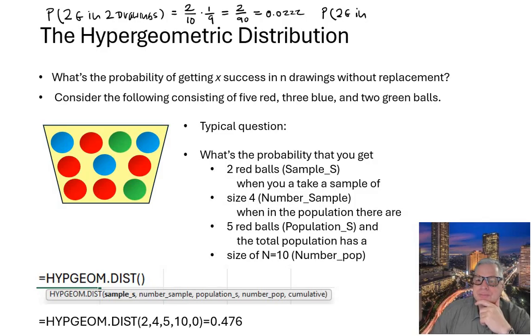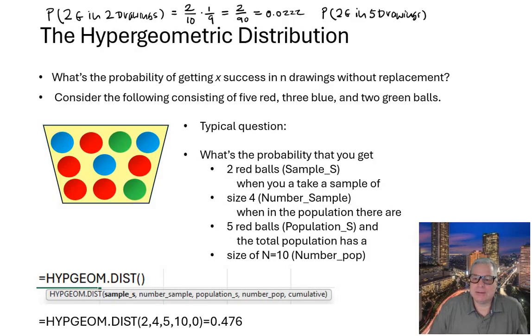Yeah, let's say in 5 drawings. That would also be covered by the hypergeometric distribution. But now it already becomes a little bit more complicated, because now we have to ask, what's the probability of getting the 2 green in 5 drawings?